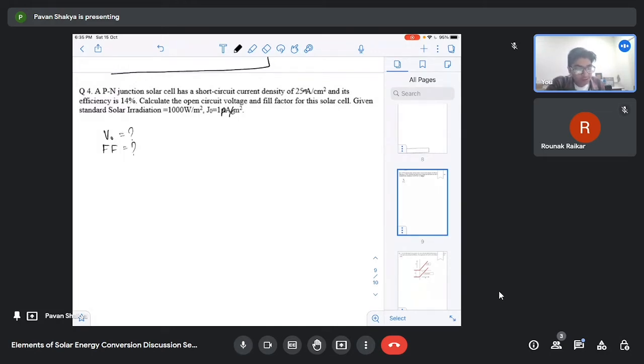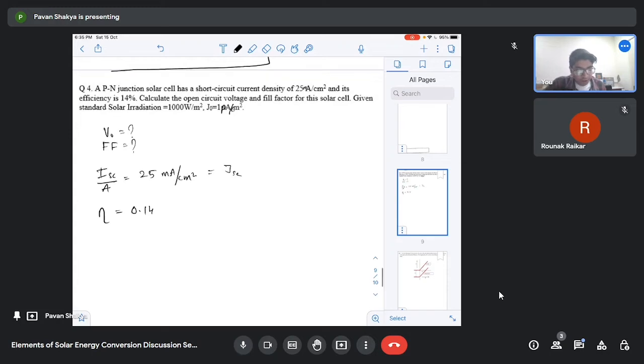So in this solar cell, the short circuit current density, that is ISC by A, is given as 25 milliampere per centimeter square, and this current density we generally denote as J. So this will be the JSC. Next, the efficiency, that is eta, is given as 0.14.